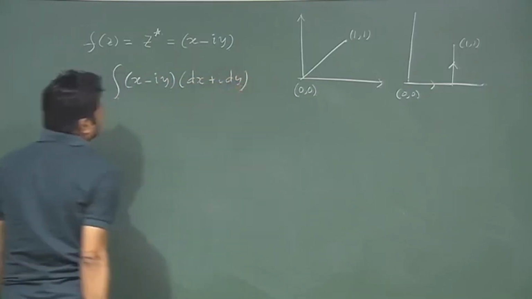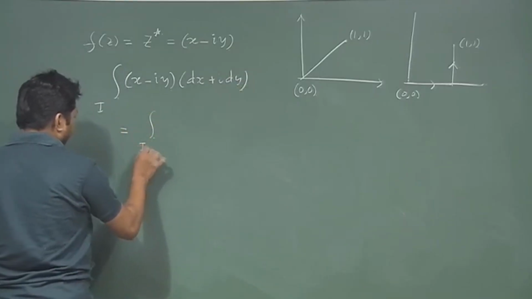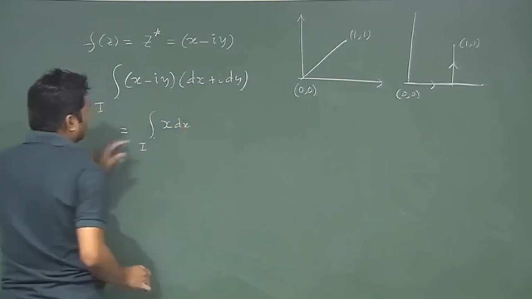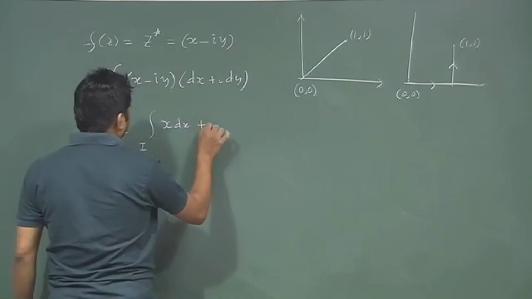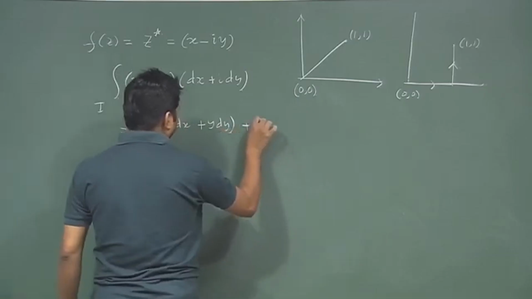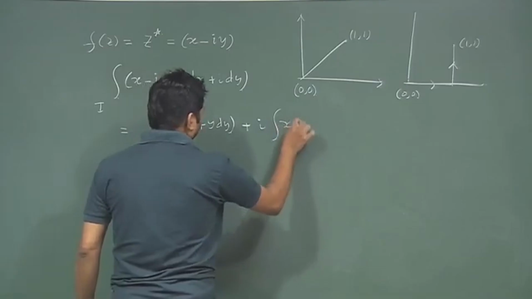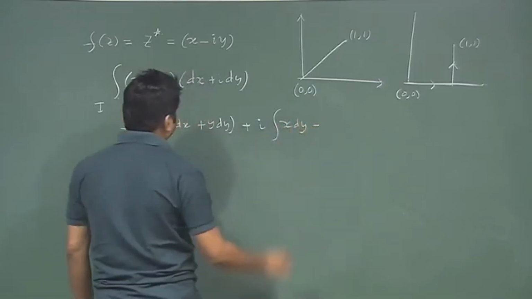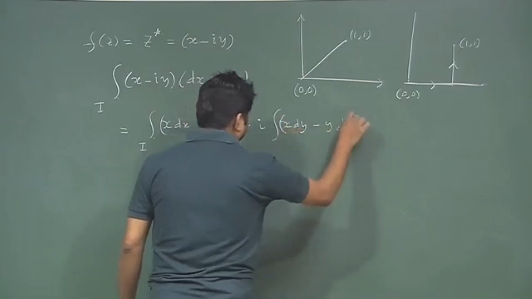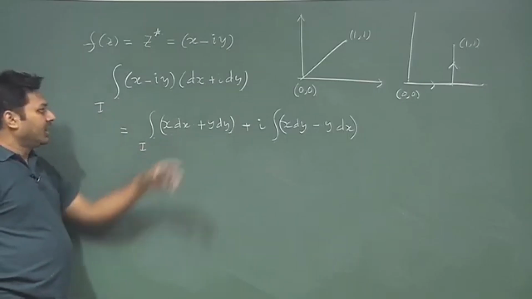Let me simplify this integration, path 1. So, it is integral of x dx plus y dy, plus i integration of x dy minus y dx.